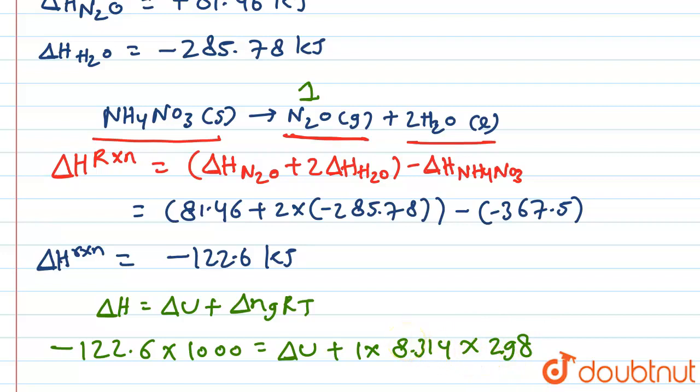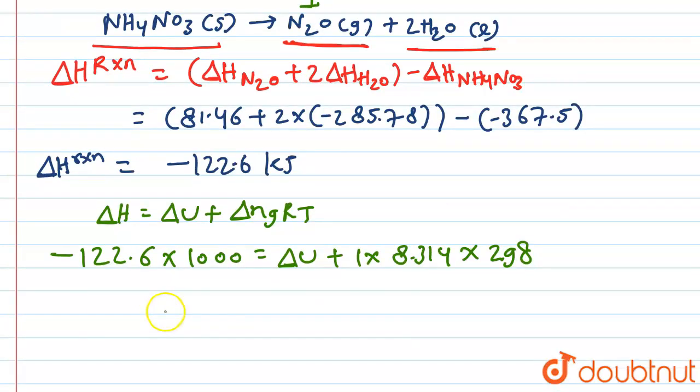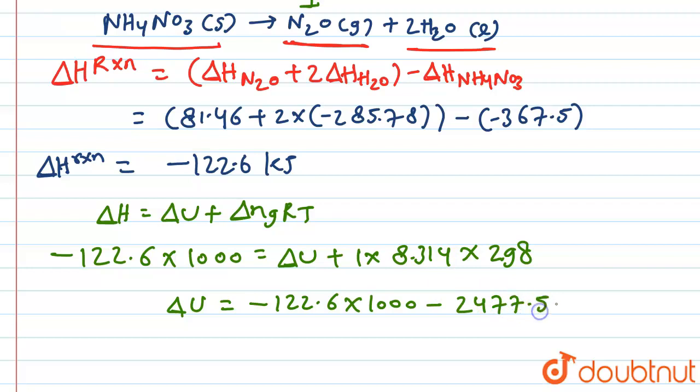Now, if I solve this equation, if I take this out and write the delta U of the reaction, it will be minus 122.6 into 1000 minus this value, and this value will come around 2477.572.